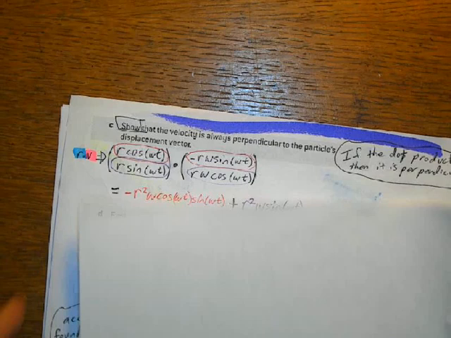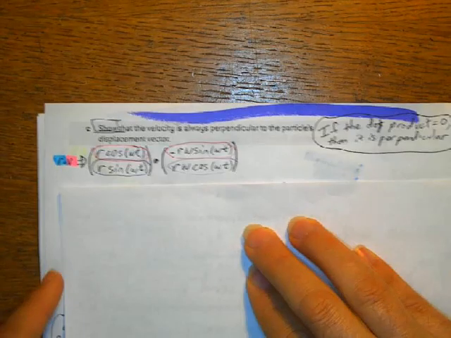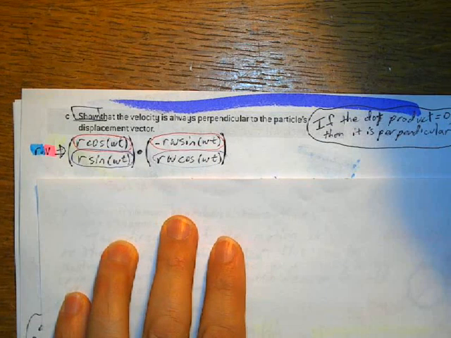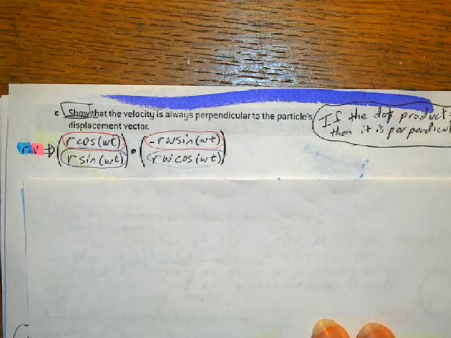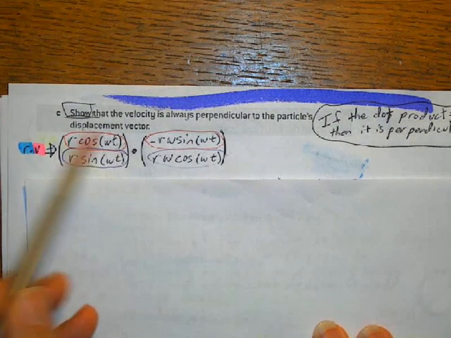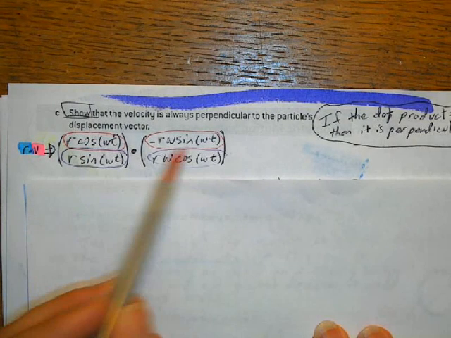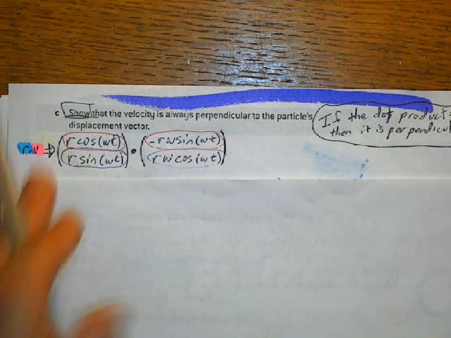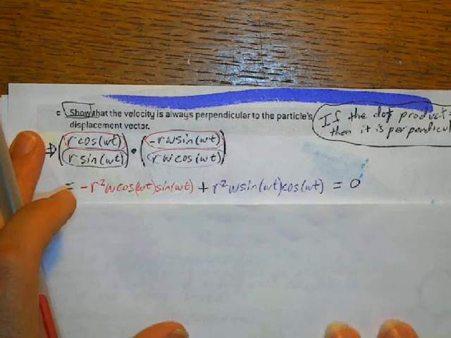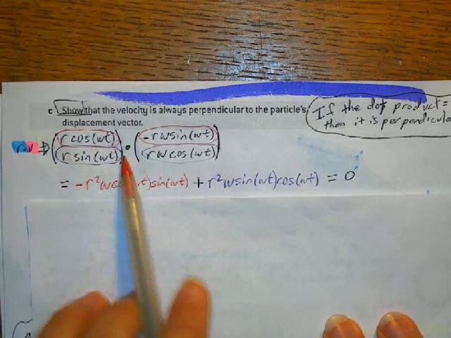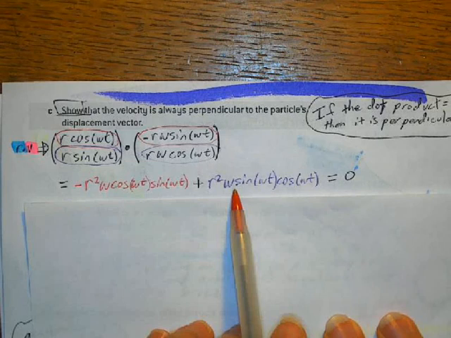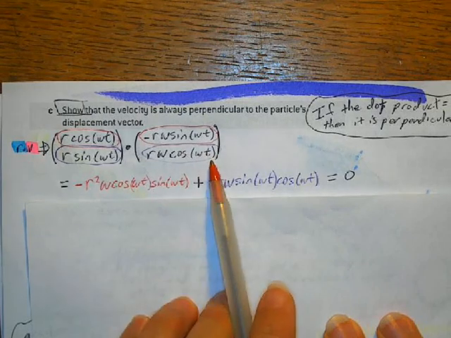Now, how do we do the dot product? You've probably forgotten that, but it's okay, I'm going to show you. I take the top value times the top value, plus the bottom value times the bottom value.